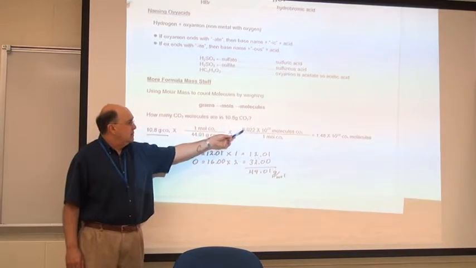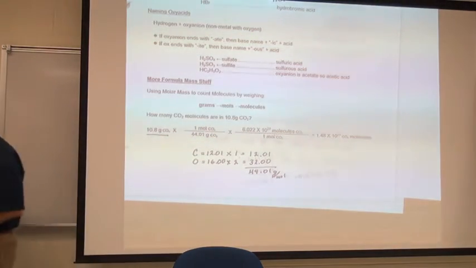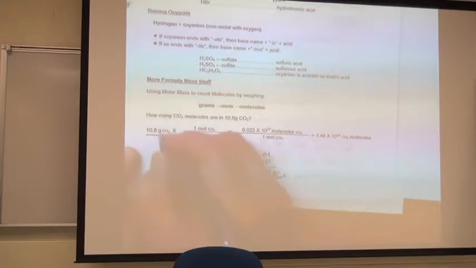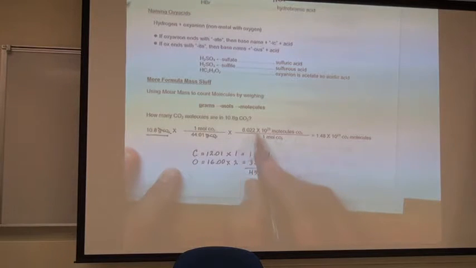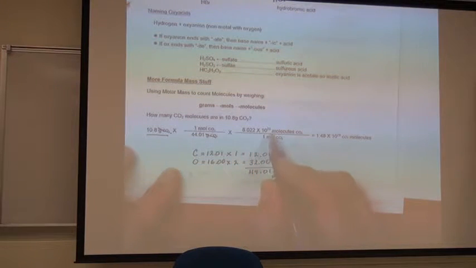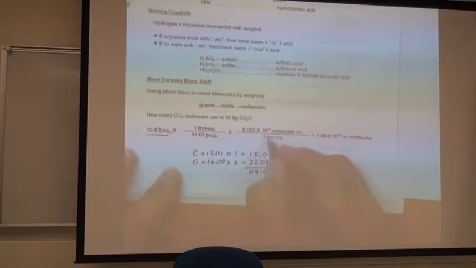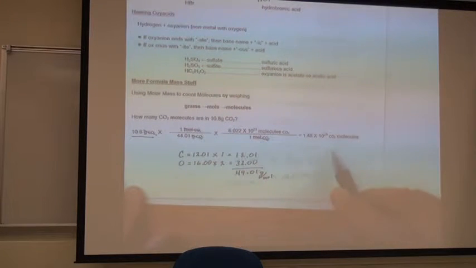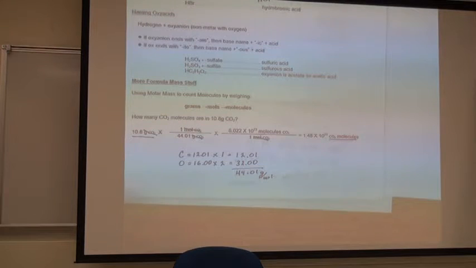And you guys know how many things are in a mole. So we cancel grams. And now we've got 6.022 times 10 to the 23rd molecules in a mole. So now we cancel moles. And so what are we left with? Molecules. And that's what you want your answer to be.